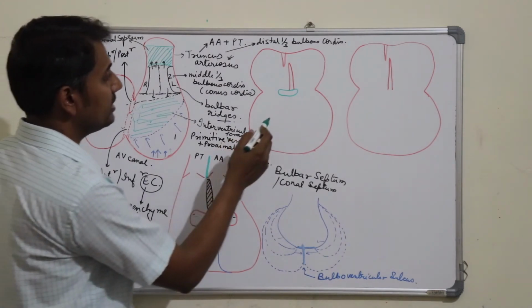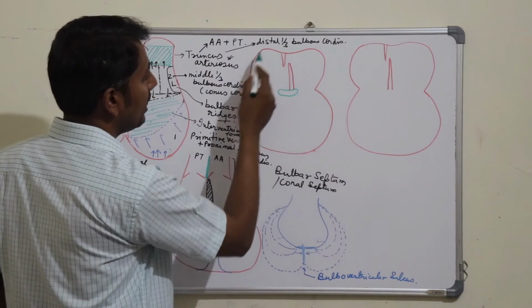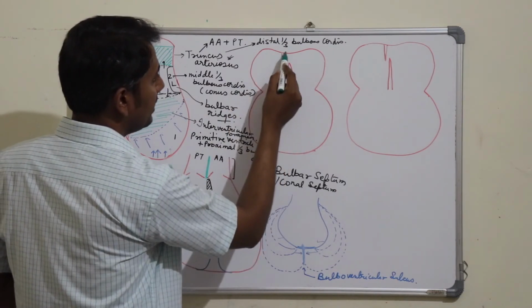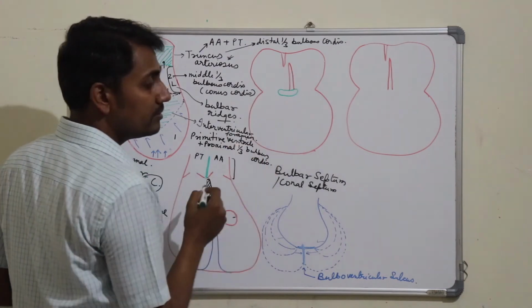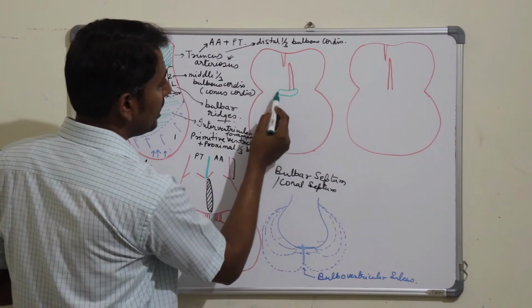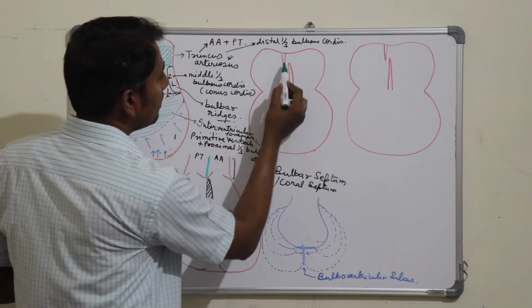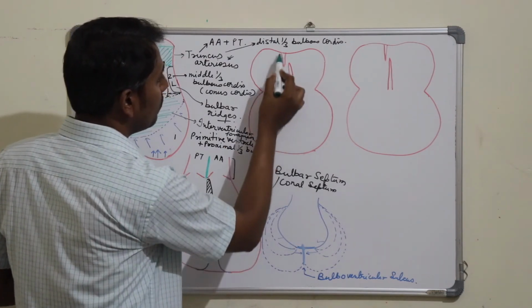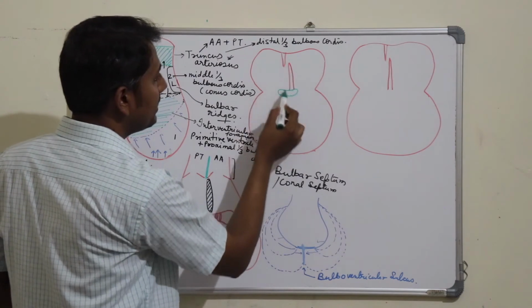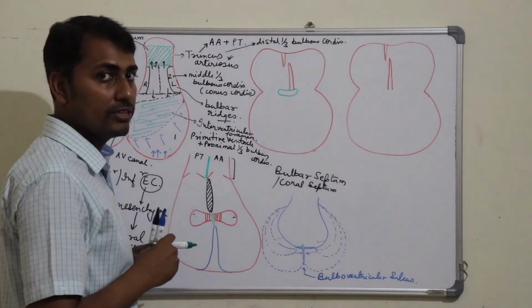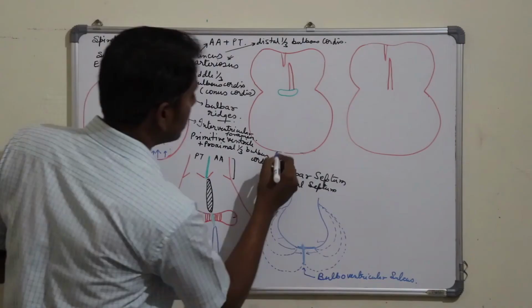So if we see in this diagram, this is the developing heart, this is the atrium, this was the septum secundum and the septum primum. This was the fused AV cushion or the septum intermedium. The septum secundum and septum primum were forming the interatrial septum. For further reference, you can see my previous video on the interatrial septum.